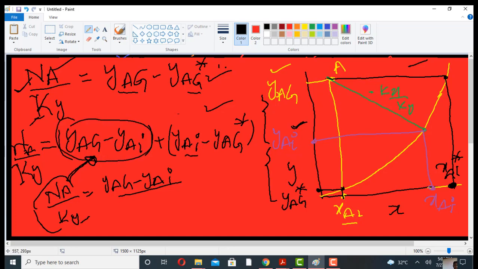Similarly, what is the value of YAI minus YAG star? YAI is this point, YAG star is this point, and this is the y-axis. So suppose we will find some slope. This is point A, this is point B, this is point C, this is point D. Combine point C and point B.